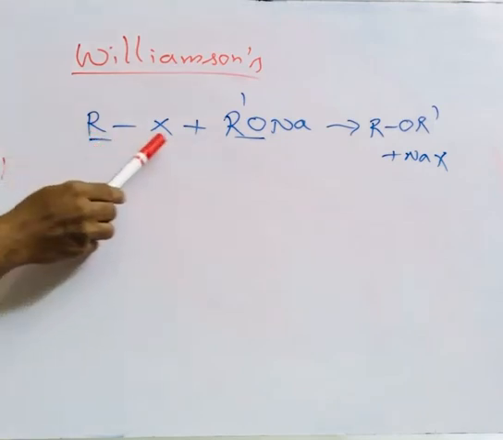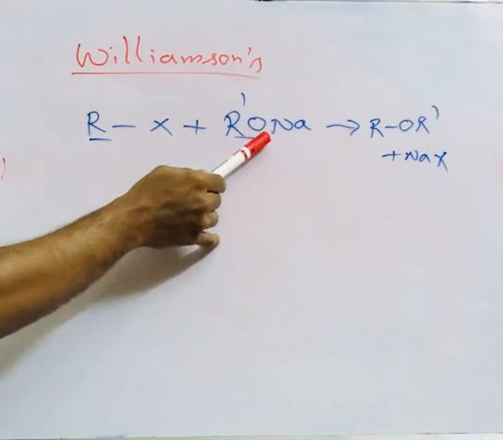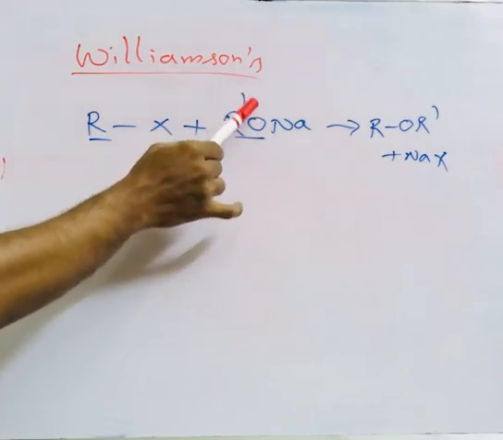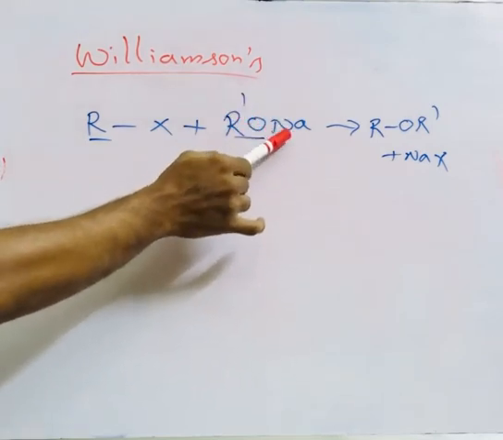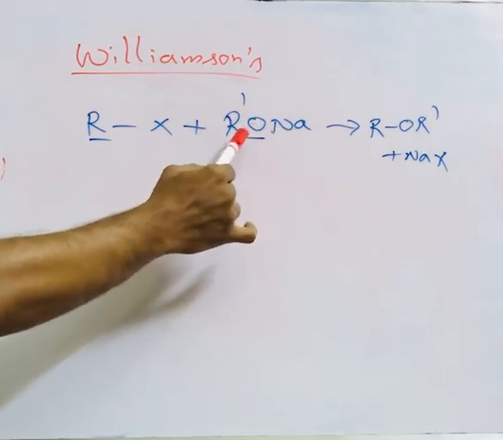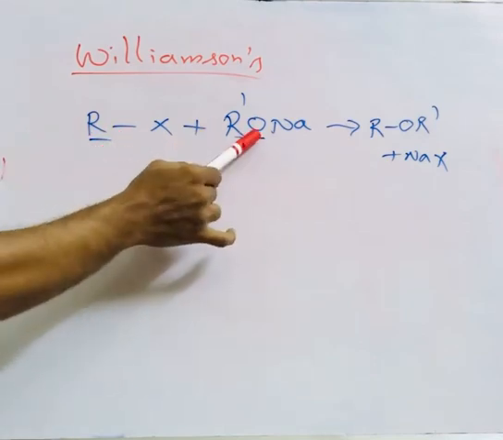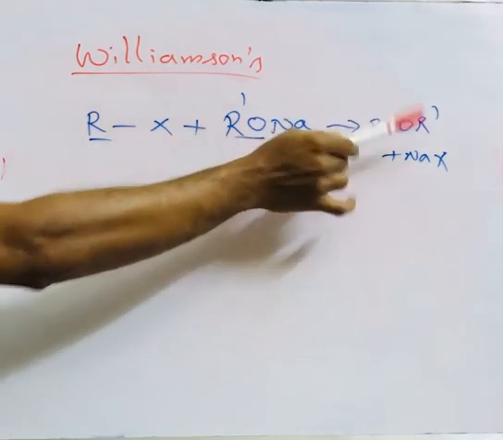You have an alkyl halide and the sodium salt of another alcohol. You can take an alcohol, R prime OH, and replace it with its sodium salt, which is called sodium alkoxide. So alkyl halide reacted with sodium alkoxide gives you ethers.